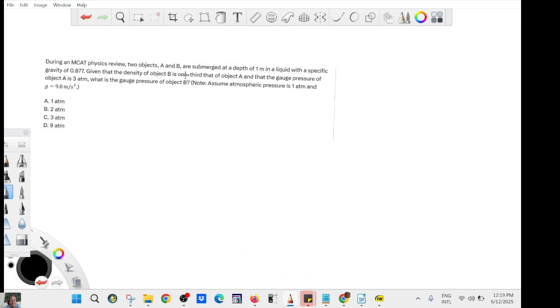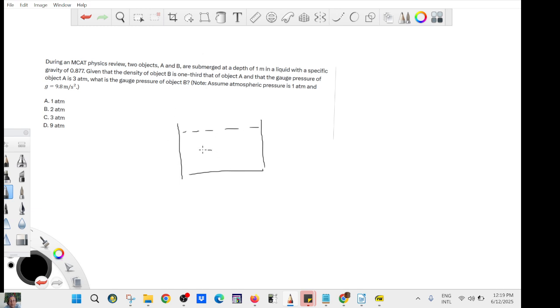So it says A and B are submerged, and the density of B is 1/3 of A. Okay, so it's a nice problem because it's typical.